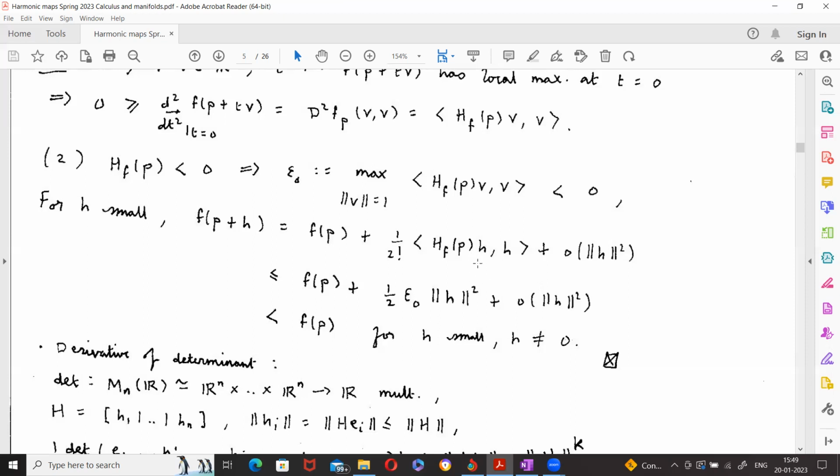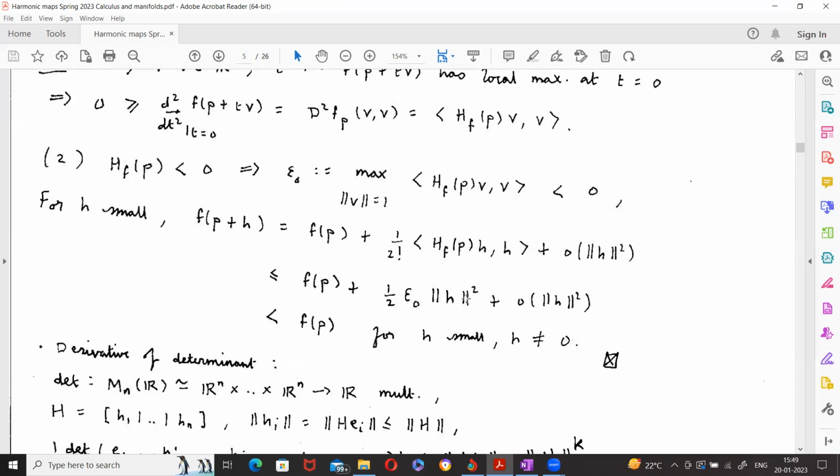Then h over norm h is a unit vector, and this quadratic form applied to a unit vector is less than or equal to epsilon naught. So therefore, this will be less than half epsilon naught times norm h squared, right? And the remainder term is small compared to norm h squared. Therefore, because epsilon naught is negative, the sum of these two will be negative for h small enough, right?